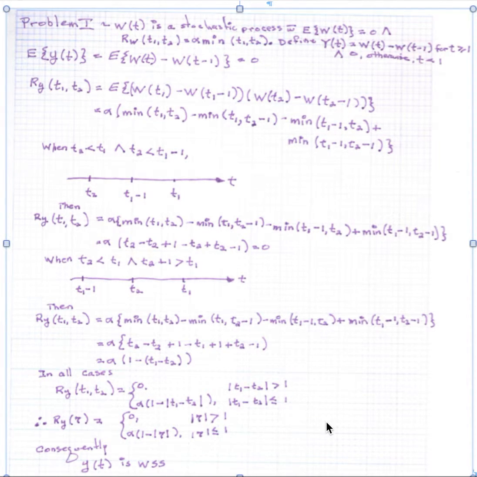So correspondingly, there is an impact and a relationship between the 2 points, or tau, and computing the autocorrelation. Therefore, with the zero mean, indeed, this particular stochastic process is WSS.